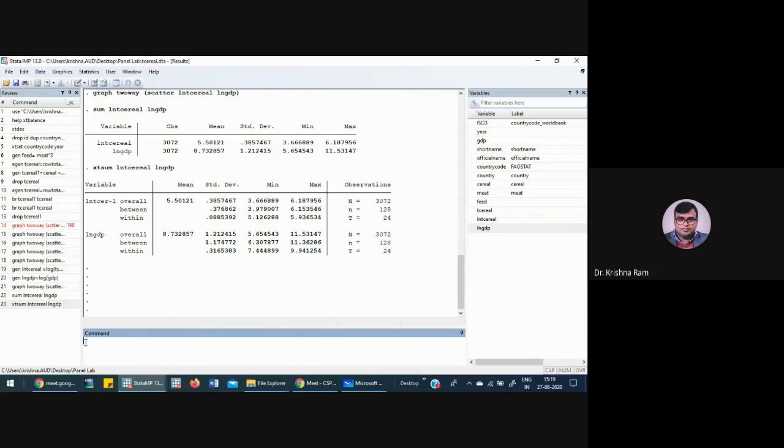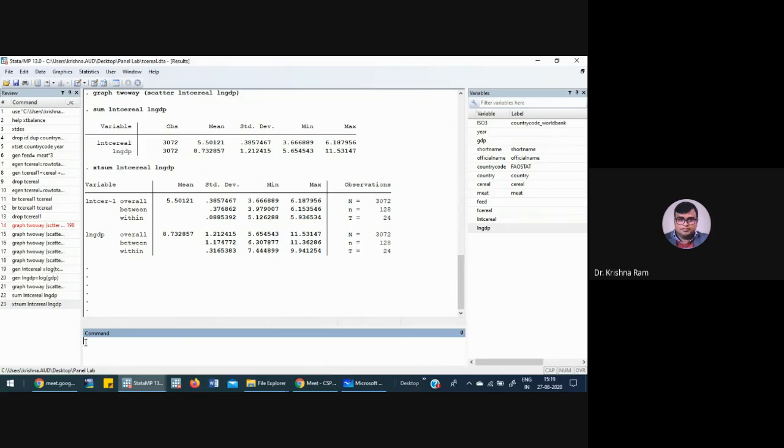So mean you are getting for the overall value, which is the same as the above summary command. Apart from that, we are getting between and within standard deviation and minimum and maximum value observations. Total observations in terms of capital N are given there.